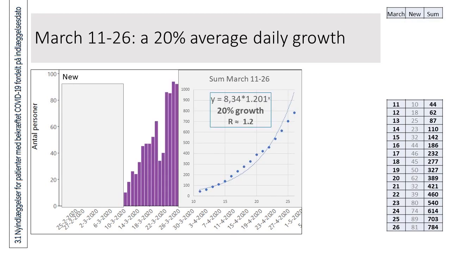The period from the 11th of March to the 26th of March showed an average daily growth close to 20%. This corresponds to a daily doubling factor 1.2, now primarily coming from people infected in Denmark.